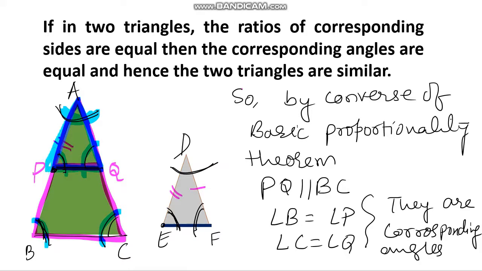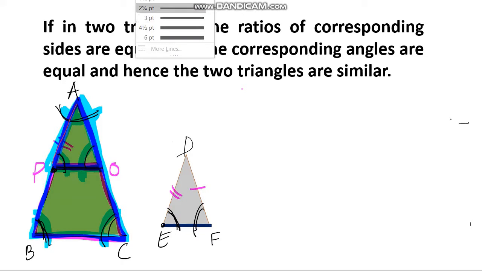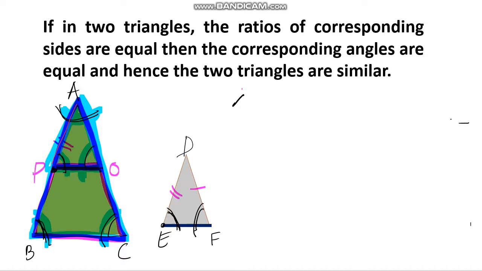In triangle APQ and in triangle ABC, angle A is common, P is equal to B and Q is equal to C. Children, what did we get here? Here we understood that triangle ABC is similar to triangle APQ, isn't it?